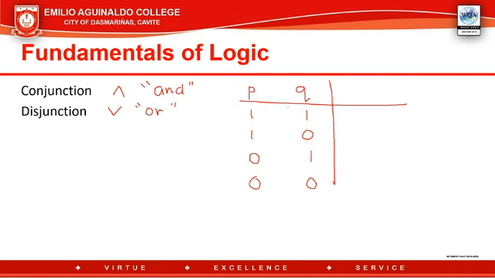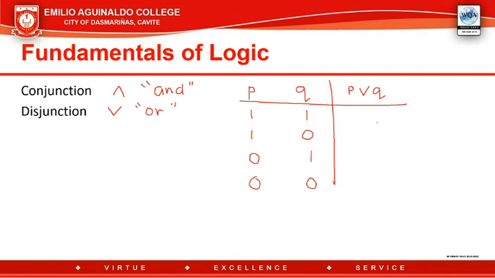For our truth table, let us refer to this one as P disjunction Q. This is a little bit different because instead of multiplying, we are adding these two together. But let us always take note that 1 plus 1 is equal to 1 when it comes to disjunction. If there is a presence of truth in the statements, it means that the value is true.